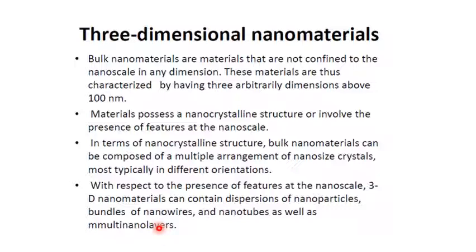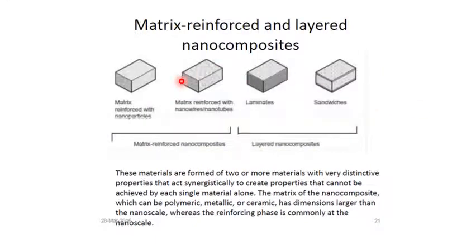The matrix is 3D, but this nanomaterial reinforcement gives the characteristics of nanomaterial to the 3D material. Here is an example of the 3D nanomaterial: a matrix reinforced layer nanocomposite.